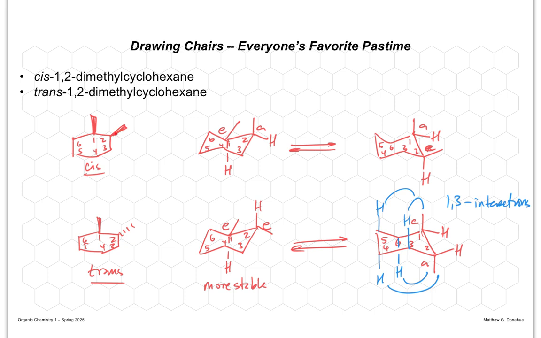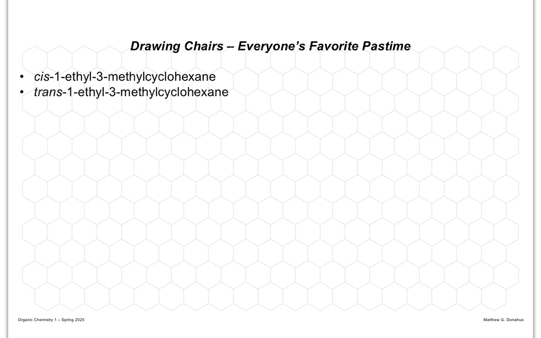And we'll revisit these bolded and dashed bonds when we get into stereochemistry as well, when we start thinking about the three-dimensional space of the substituents. So we'll do some more practice on this, and we'll have some questions just to interrogate the chair a little bit more.